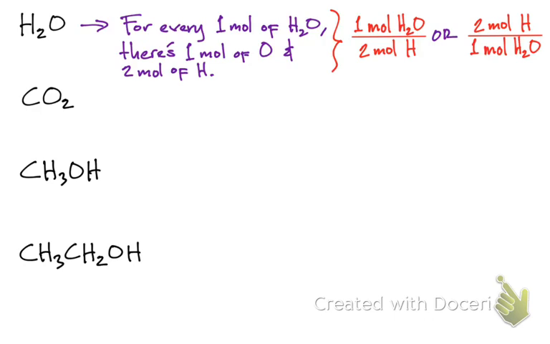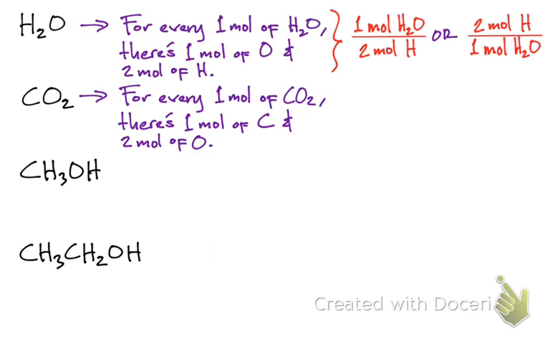So let's look at the second one here, carbon dioxide, CO2. This tells you that in every 1 mole of the compound CO2, you have 1 mole of carbon and 2 moles of oxygen. Here you have 2 atoms of oxygen and 1 carbon. And so you can translate this into moles because we're still talking about the number of atoms. Remember that 1 mole of atoms is equivalent to Avogadro's number, 6.02 times 10 to the 23rd atoms.